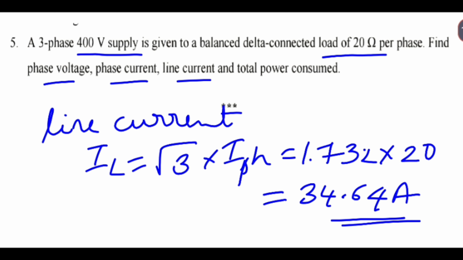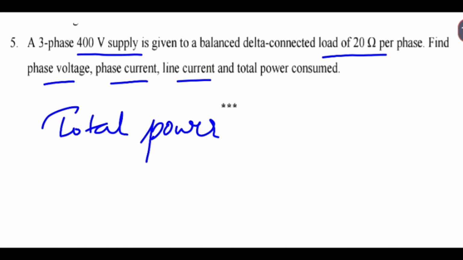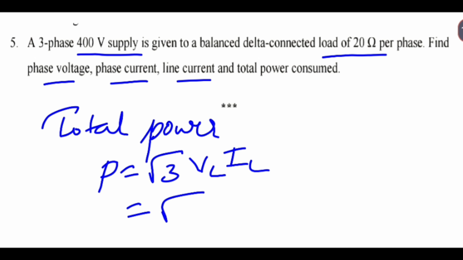Next we'll move on to the total power consumed. The total power we represent as P. P is equal to root 3 VL IL, line voltage and line current. So root 3, you can write 1.732, into 400 into 34.64.